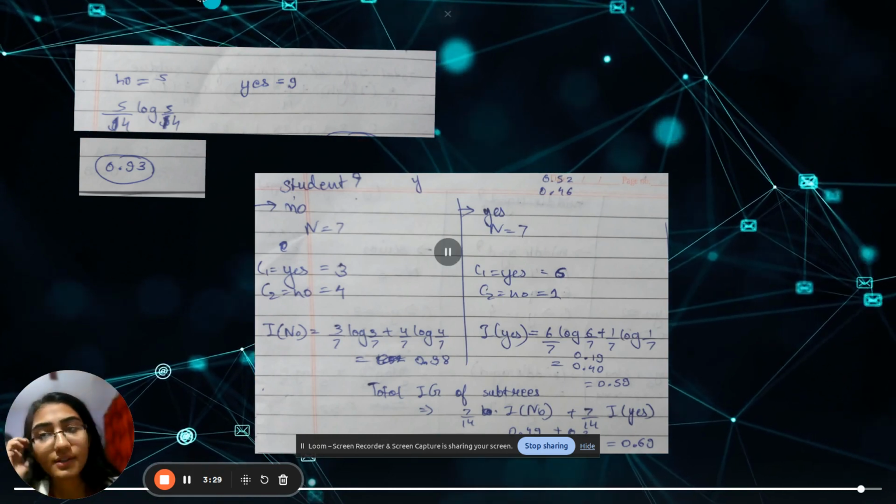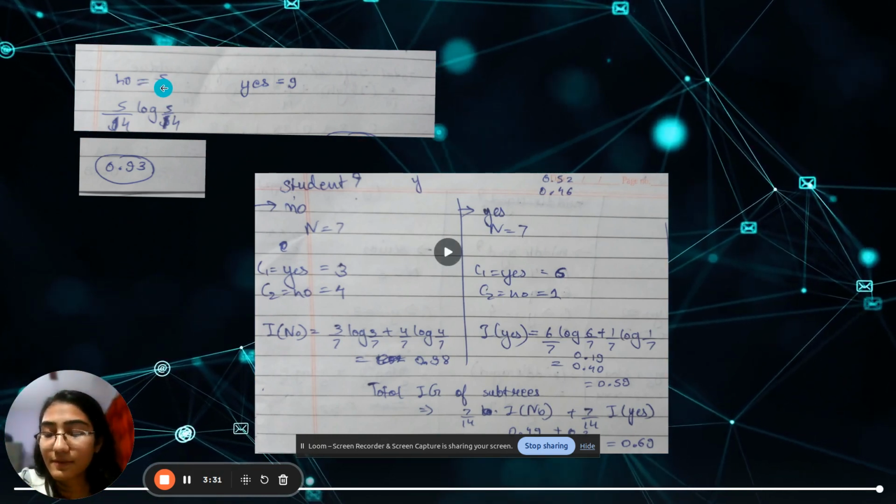Since we will find the probability, the total number of rows is 14, so 5 by 14, that is pi log pi, that is 5 by 14. And similarly, we will subtract this, that will be minus 9 by 14 log 9 by 14. So our information gain, what we will get is 0.93.